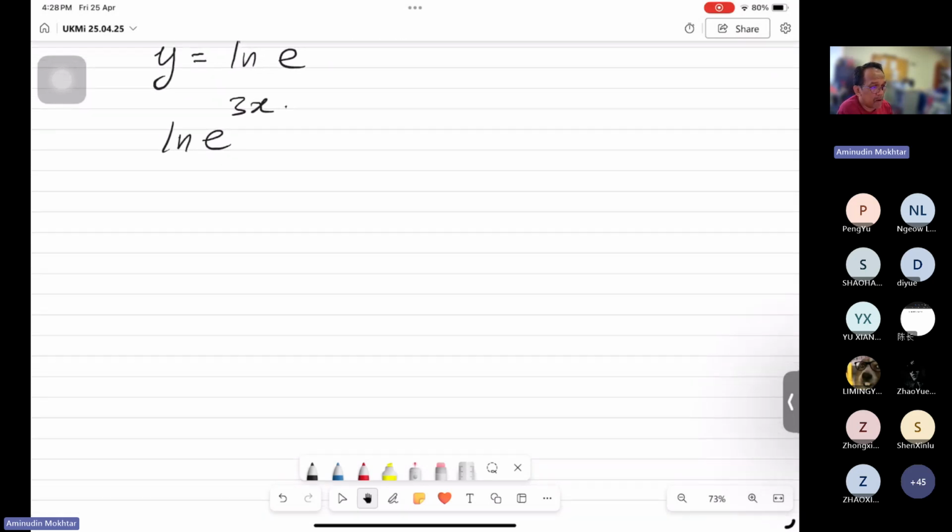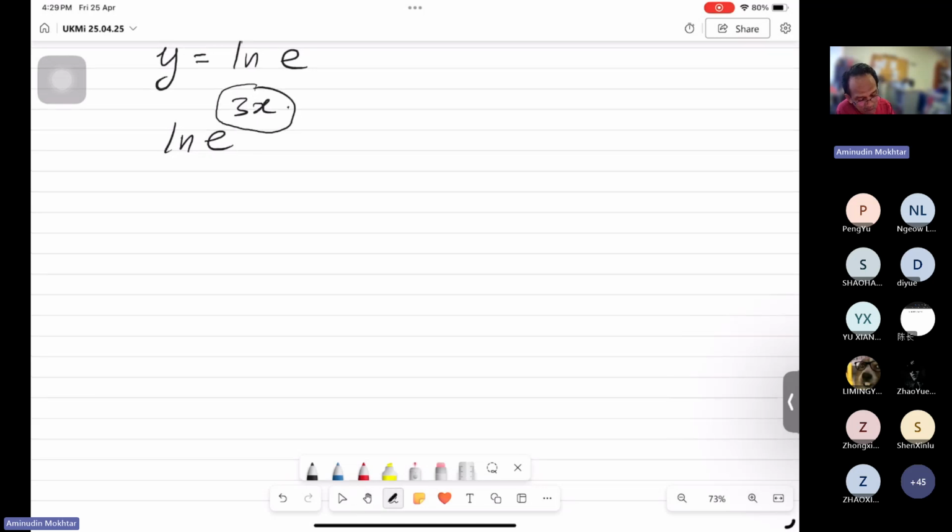If you refer to the properties of log, any power of the argument, for example e, can be taken and put in front of the expression. So this is equal to 3x times ln e.